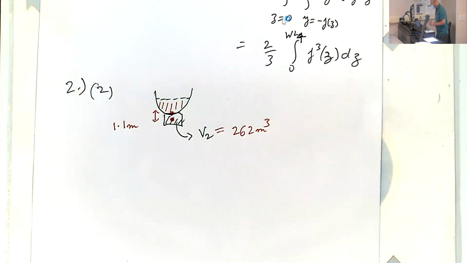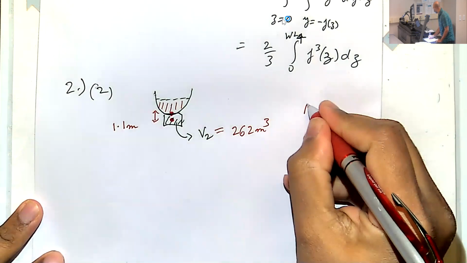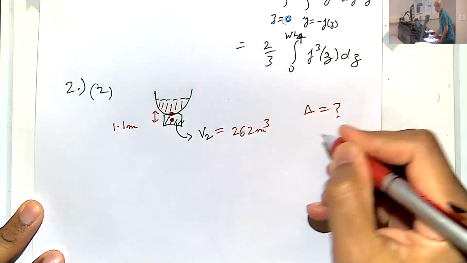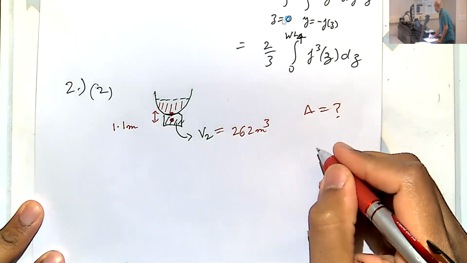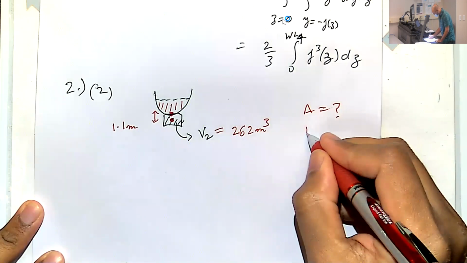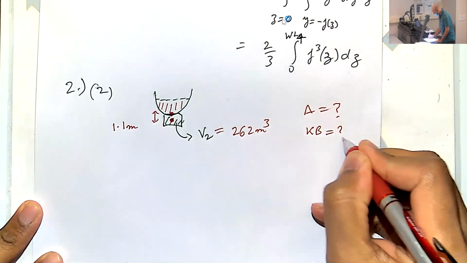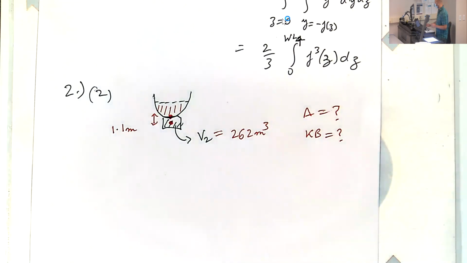And the question is, what is the displacement and what is the KB with the thing attached?